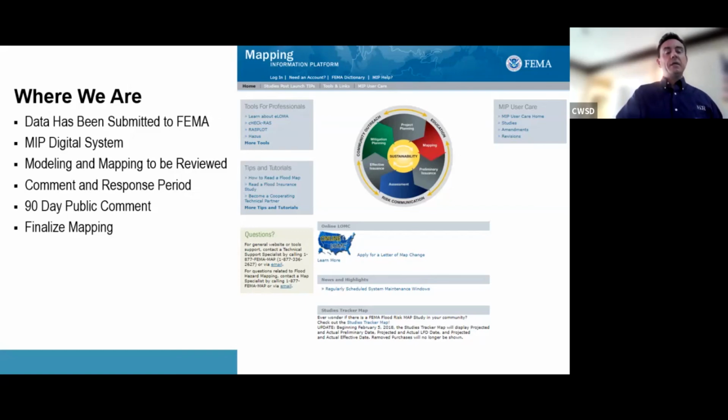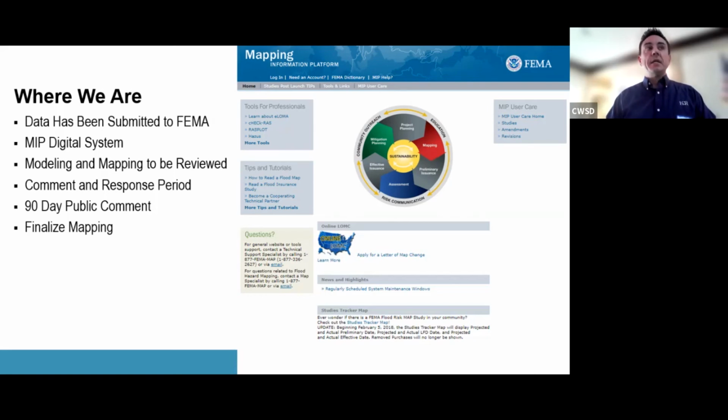Then there will be a comment and response period, so we have an opportunity to respond to FEMA's comments and questions. And then there will be a 90-day public comment period. So the public has access to our proposed maps, and the local stakeholders and the public can make comments to FEMA about the mapping. And then they'll finalize that mapping after that comment and response public period.